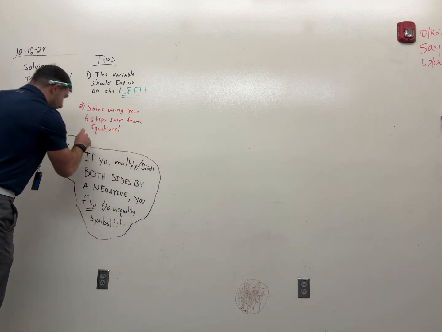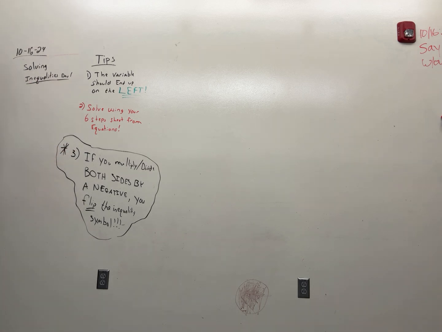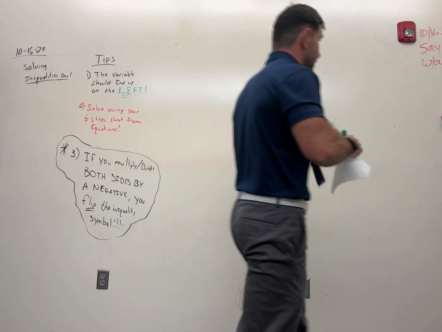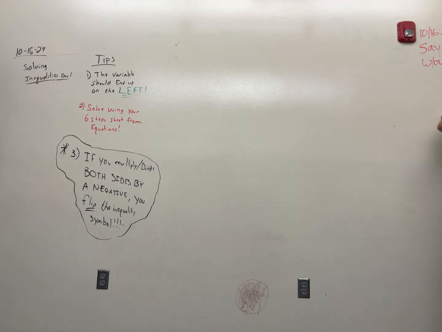Again, this is not a tip as much as it is a rule. Okay, so make sure you have these copied down. If you can solve equations, which most of you have proven that you can, you've taken the quiz, you can solve basic equations. This lesson isn't going to be overly hard.